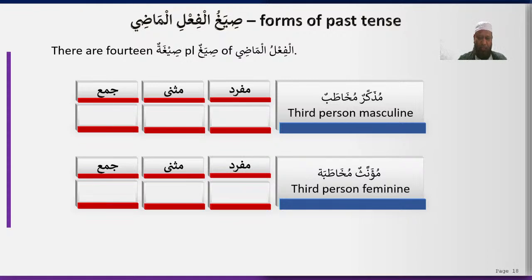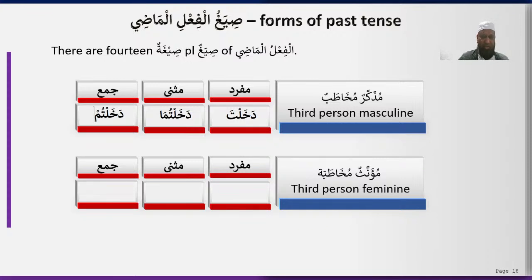So in Arabic we say مبني على السكون لاتصاله بتاء الفاعل. لام كلمة ساكن دخل, then we add those damirs. دخلت, دخلتما, دخلتم.